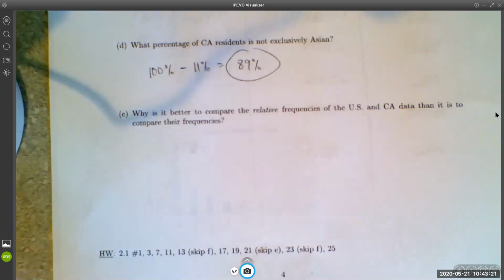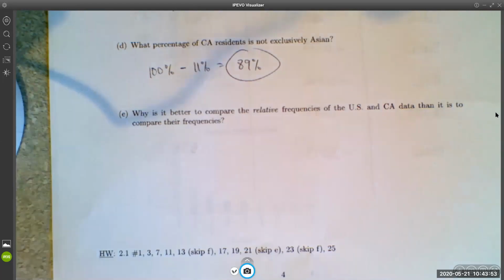If you wanted to write something down for part E, I'm not going to write something down. You can pause the video, you can rewind the video to figure out what to say there. But if you wanted something concise to write down, you could say something like, it's better to compare the relative frequencies so that the differences between the racial compositions in each of those places are more clear.